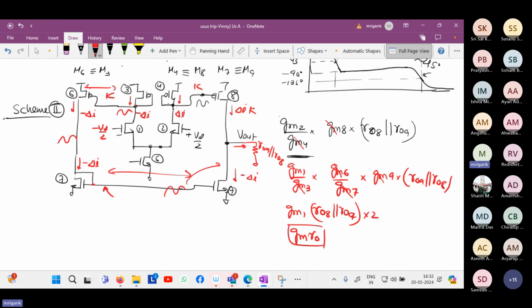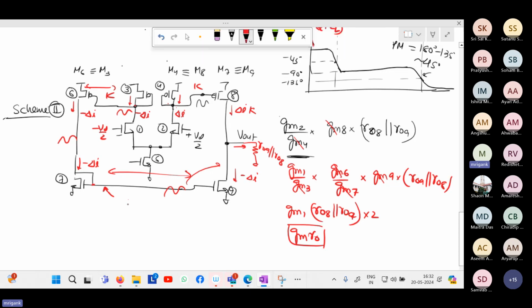The second option you have is GM. The GM of the input stage you can increase, therefore GM1, GM2 you can keep high. How do you keep it high? Keep the W large. You can keep the L minimum because the RO of the first stage doesn't matter. So RO1, RO2, RO3, RO4 don't matter, and I don't need a large length here.